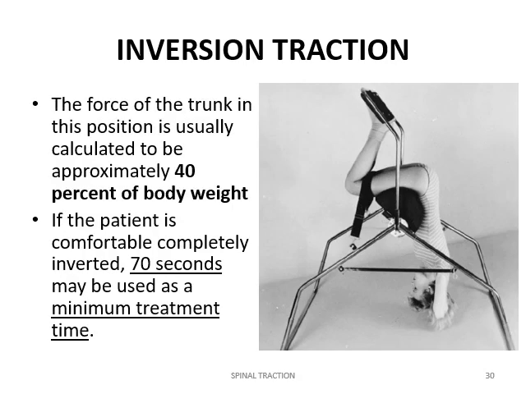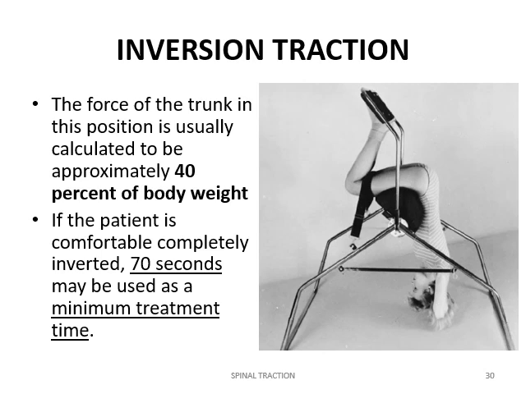The force of the trunk in this position is usually calculated to be approximately 40% of body weight. When the person is comfortable and able to relax, the length of the spinal column increases, and this length change coincides with a decrease in spinal muscle activity.